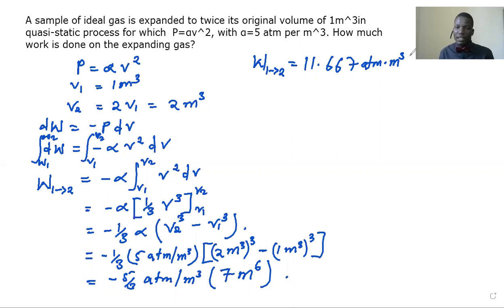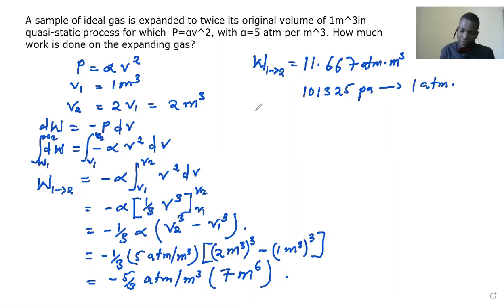So we can convert atmospheres to joules, of which we know that the conversion factor is 1 atmosphere equals 101325 pascals.